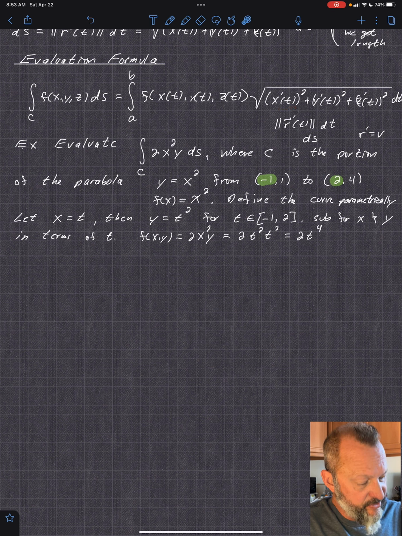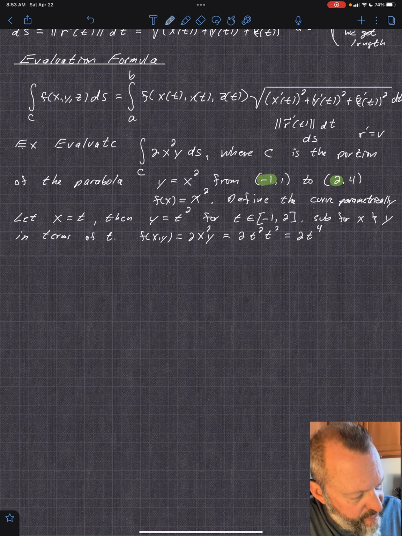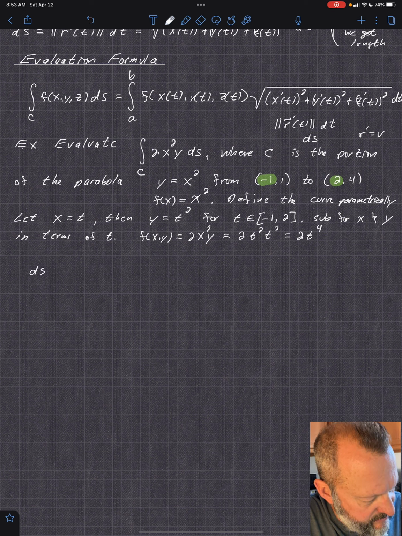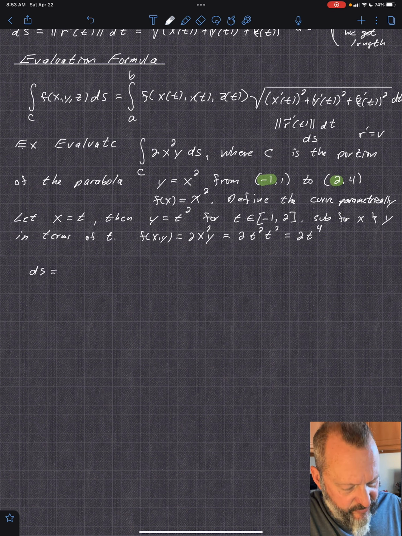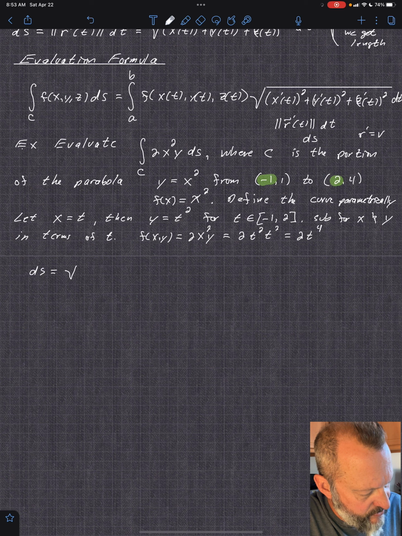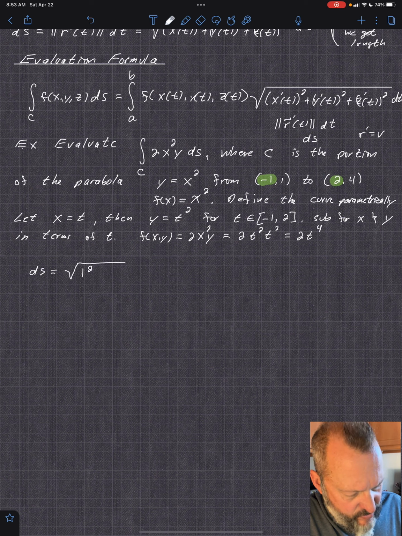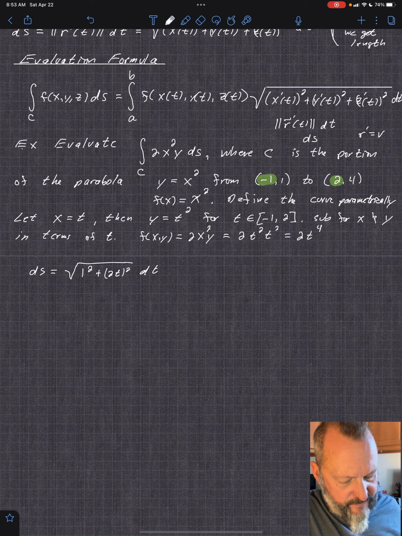And then y is t squared, so the derivative is 2t, quantity squared, so you get 4t squared. So ds is equal to the square root of 1 squared plus 2t squared, dt.